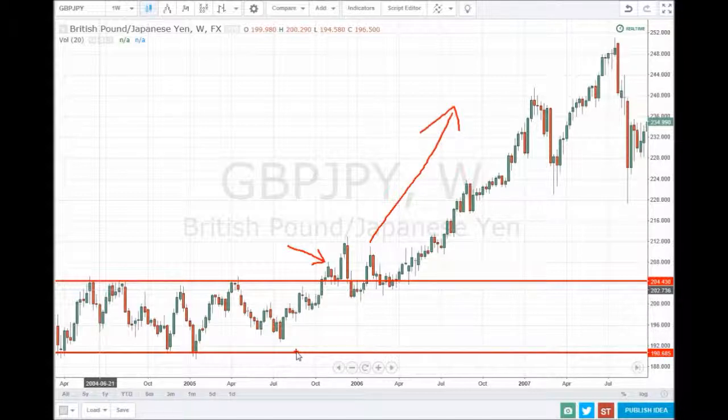Now, the reason I wanted to use this weekly chart is first to demonstrate the wide range of charts that are available when trading Forex. So far we've used a variety of charts, including 5-minute, 4-hour charts, now weekly charts, and some others. But also, I wanted to show you the price action of this uptrend.